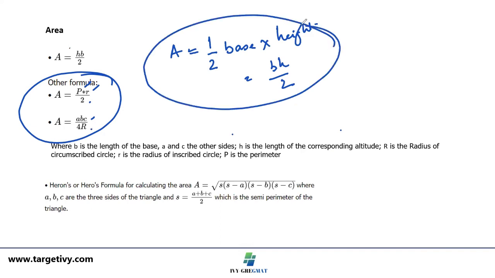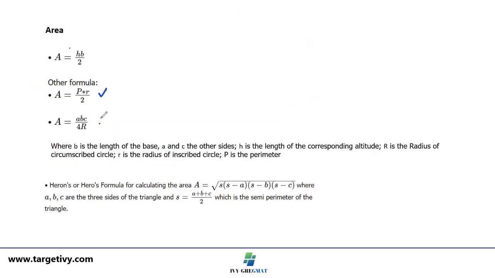Still, for understanding, if a, b and c are the sides, h is the length of the corresponding altitude, R is the radius of the circumcircle, r is the radius of the incircle, and P is the perimeter, then we can also find the area by these two formulas. Not very common in GRE, but this much is definitely required, and we'll make permutations and combinations of this so that we can arrive at the area of the triangle.